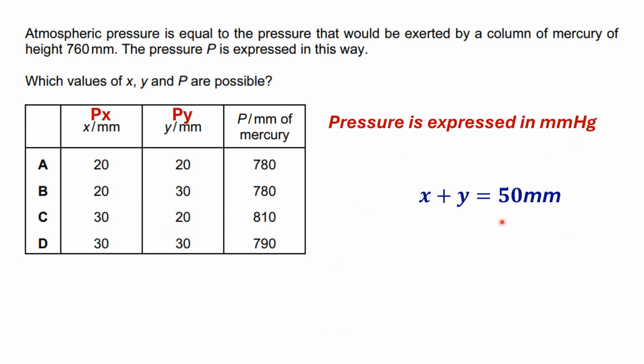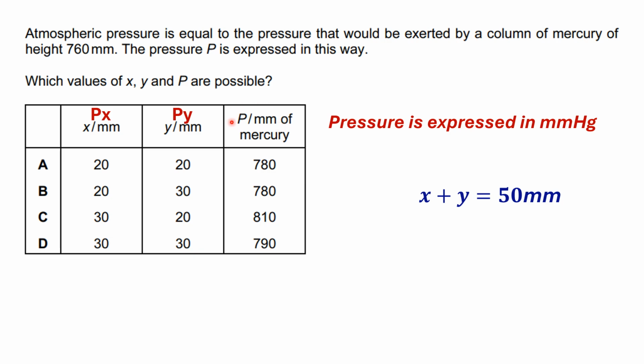Now that we have this expression, the sum of the heights x plus y is equal to 50 millimeters. Remember, the pressure here is expressed in millimeters of mercury. So here is the pressure of mercury with level x. Here is the pressure of the mercury with the level y.